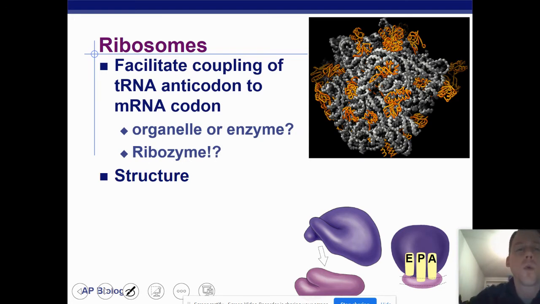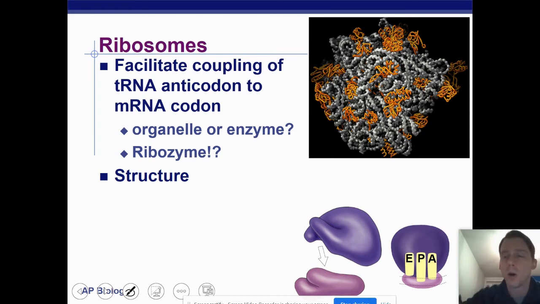So is a ribosome an organelle, which we described it as before, or is it an enzyme? Well, it's a little bit of both. Sometimes a ribosome is referred to as a ribozyme. A ribozyme is an RNA-based enzyme. In fact, a ribosome is probably a ribozyme because it does have enzyme-like capabilities that are performed by the RNA that makes it up.